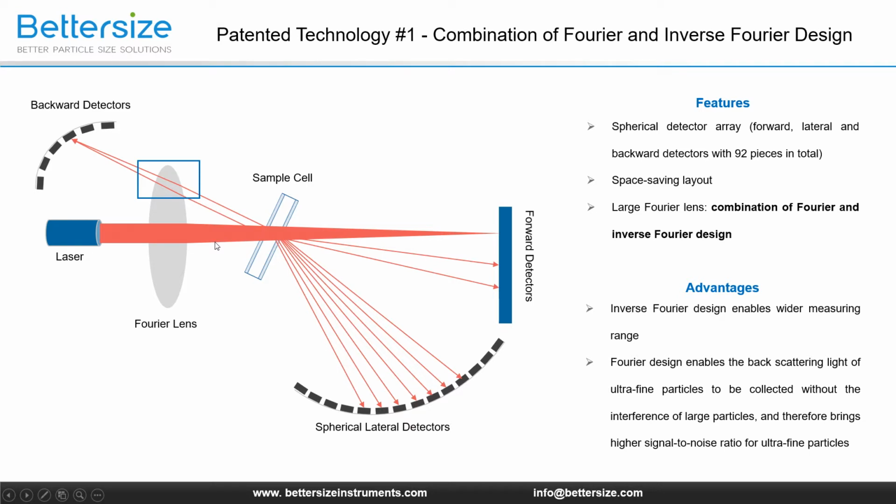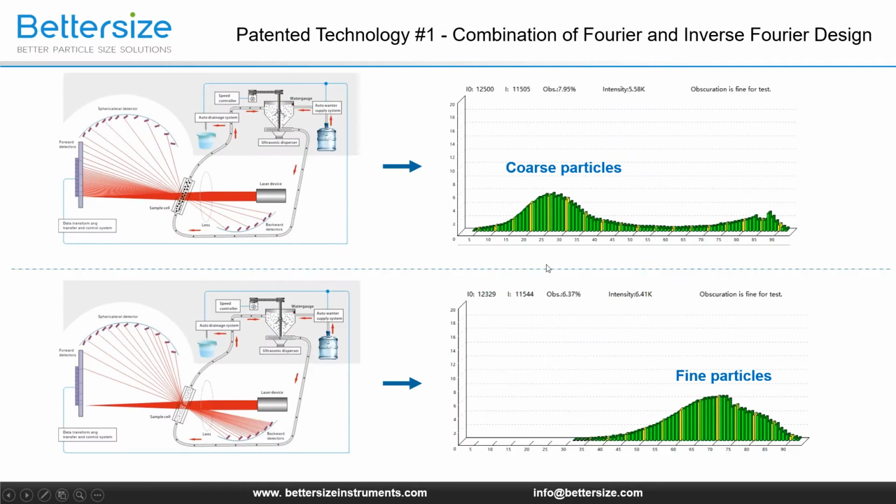Inverse Fourier design enables a wider measuring range, and Fourier design leads to a higher signal-to-noise ratio for ultrafine particles. As we know, large particles scatter the light mostly in the forward direction, and the forward scattered light is quite strong. So the forward detectors have a stronger light signal.